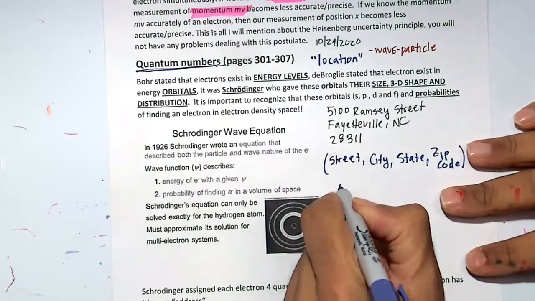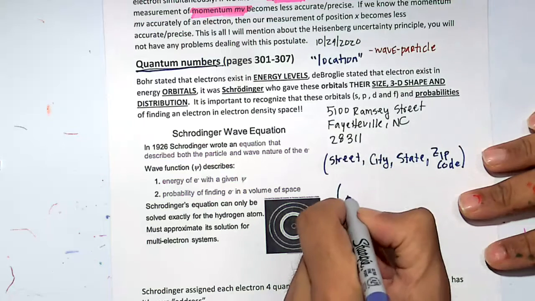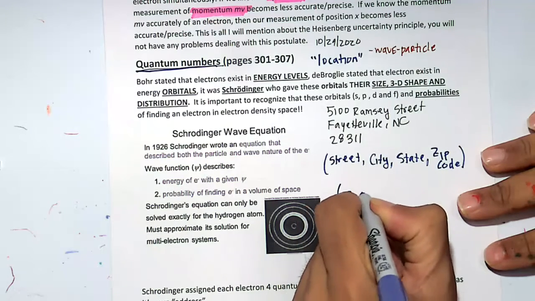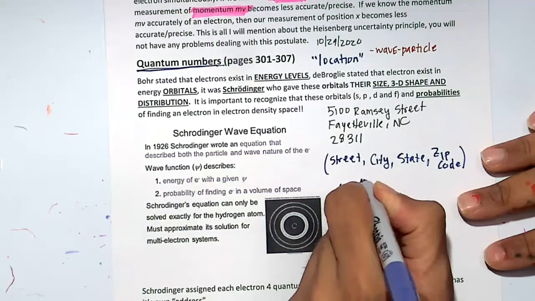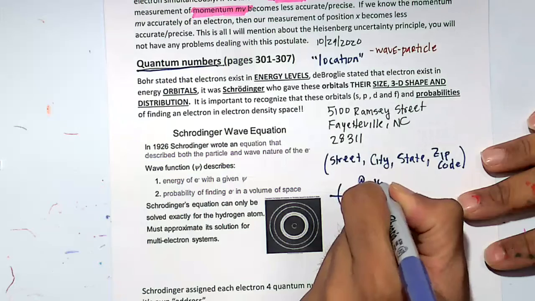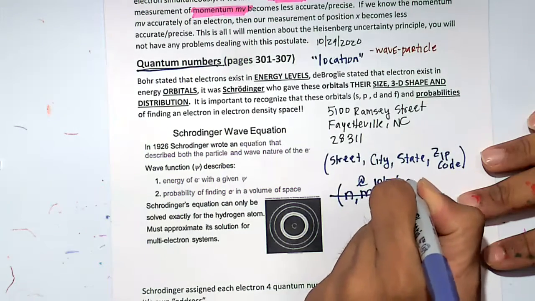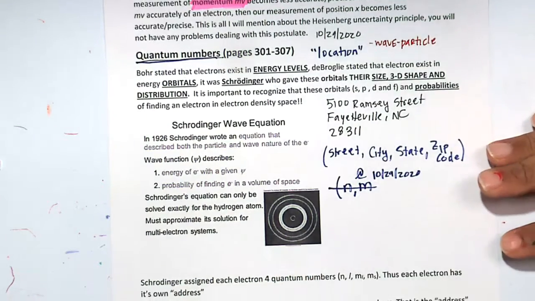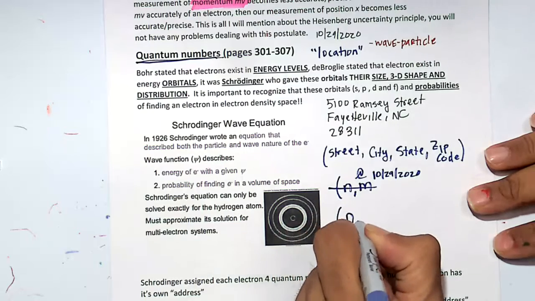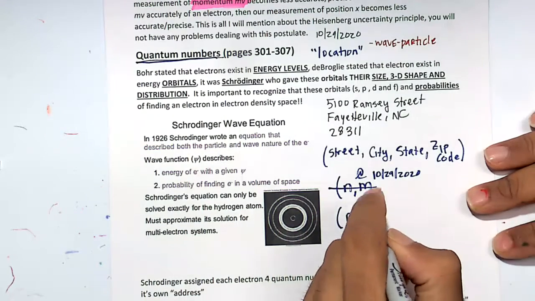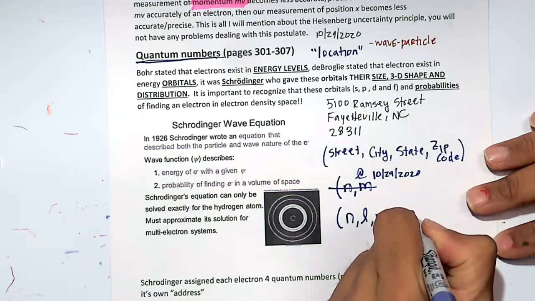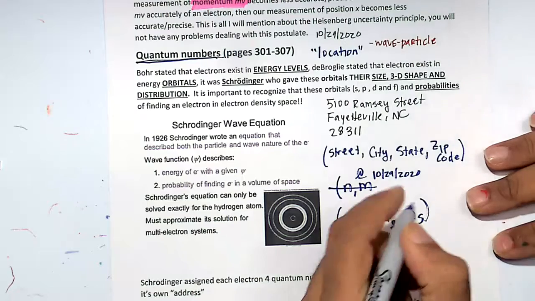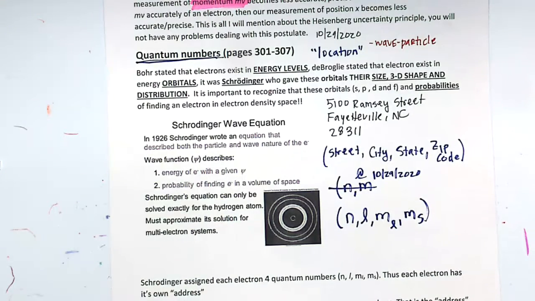The 4 quantum numbers that determine the location of an electron are n, l, m sub l, and then m sub s. Sorry, let me cross that out. The 4 numbers are n, l, m sub l, and m sub s.